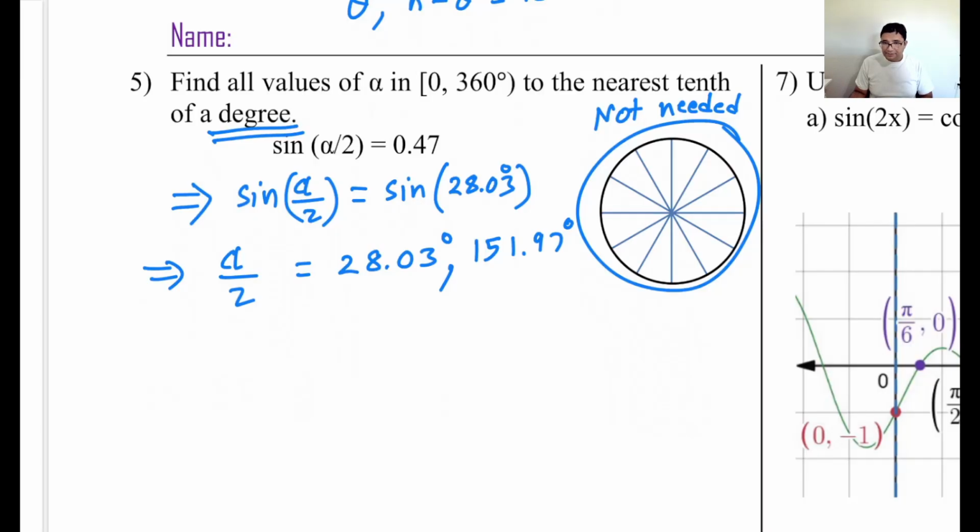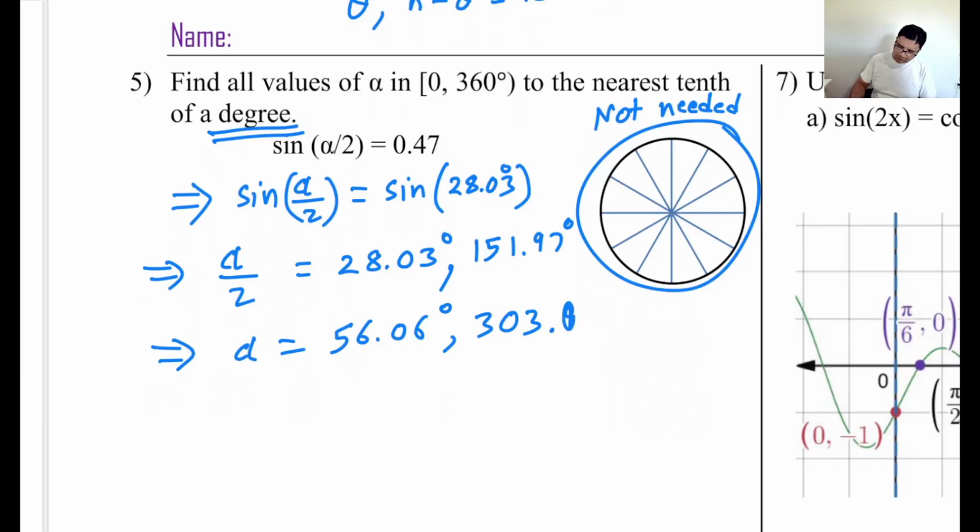And let's see what alpha will be here. Multiply by 2, get 56.06 degrees, and 303, it will be more than that, 303 point, I guess it will be 94.